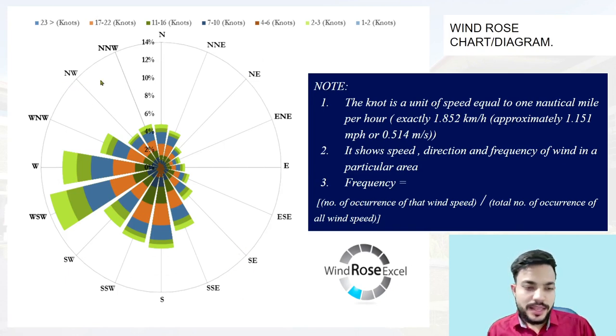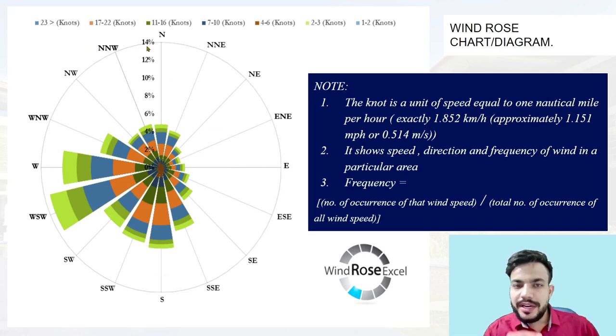And there are some more directions: north northeast, east northeast, east southeast, south southeast, south southwest, west southwest, west northwest and north northwest. So these are the total 16 directions.